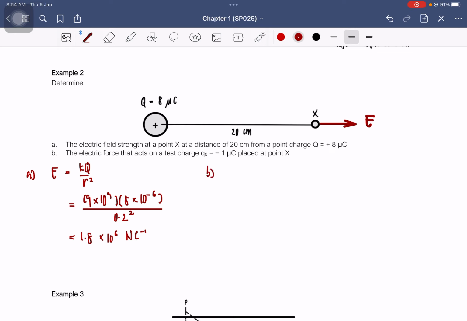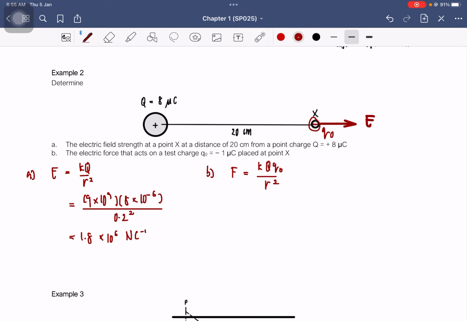Next, the electric force. Force is equal to K that acts on a test charge. Now there's a test charge at point X. So instead of just point X, there's a charge here, Q naught, which is a negative charge.